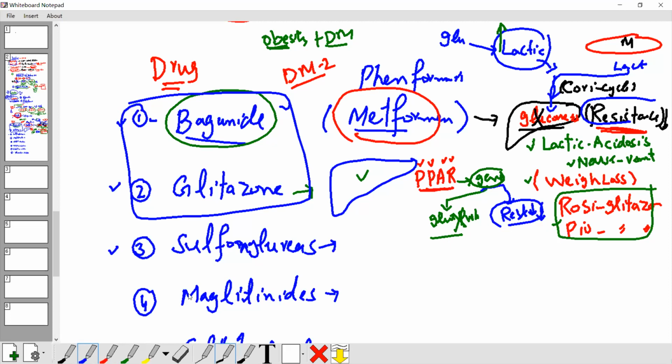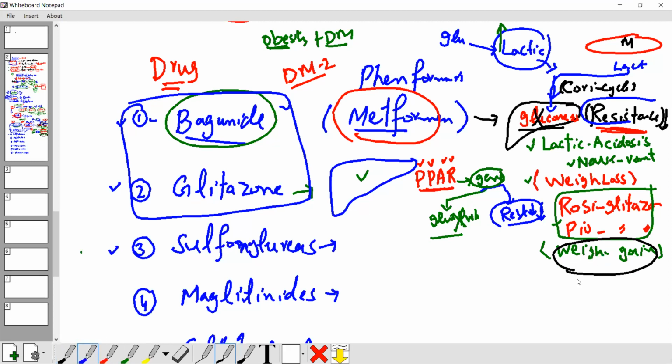The side effects. What are the side effects? They cause weight gain. Weight loss is done by biguanide. So you can use glitazone in a thin person, I think, weight gain, not in obesity.